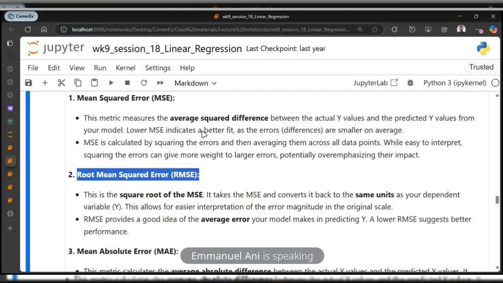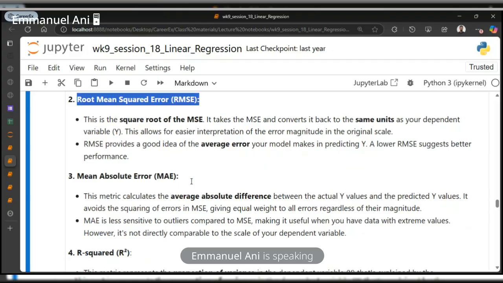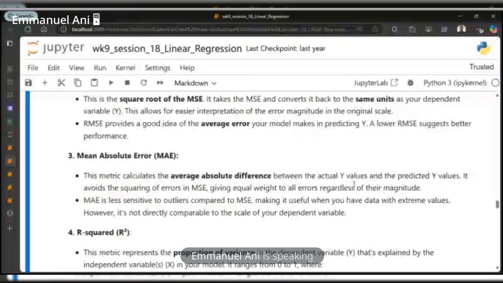We also have mean absolute error. Mean absolute error calculates the average absolute difference between the actual Y values and the predicted Y values. It doesn't square your errors. If you have a minus something, you get the absolute value for that error.